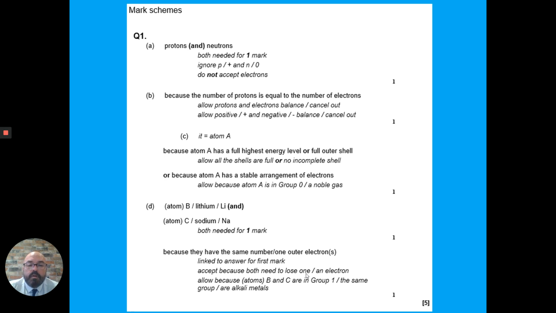This comes in when we're talking about ion formation and ionic bonding, so don't worry too much if you don't understand that statement at this stage. Another answer we've just discussed is because atoms B and C are in group 1 or are in the same group or are alkali metals. But at its simplest level, you could just put atom B and C because they both have 1 electron in their outer shell, or they are both in group 1.